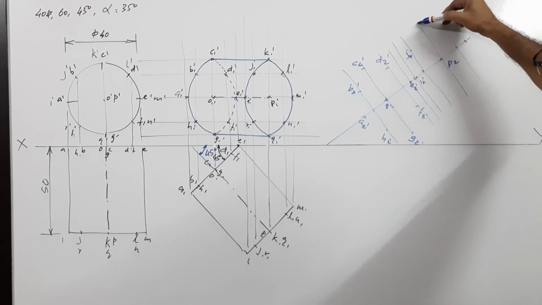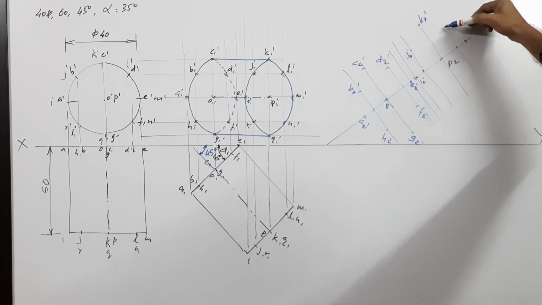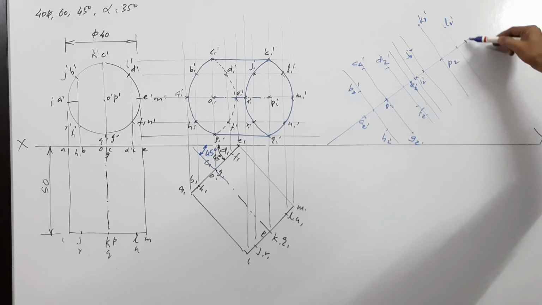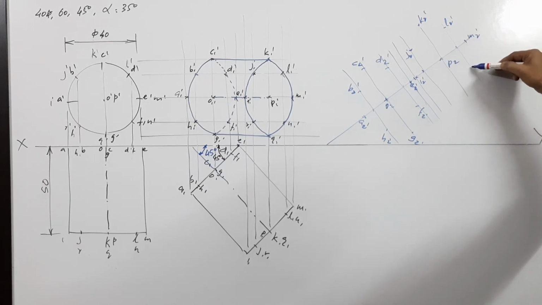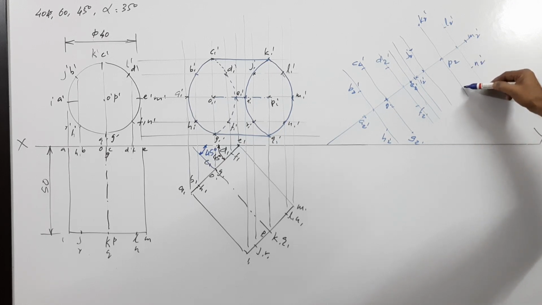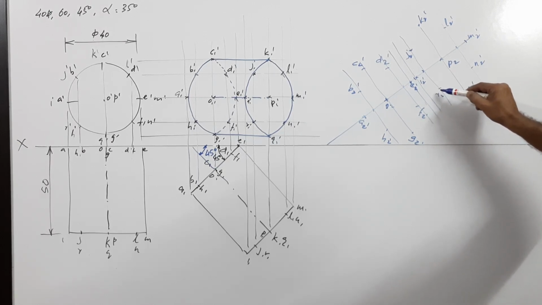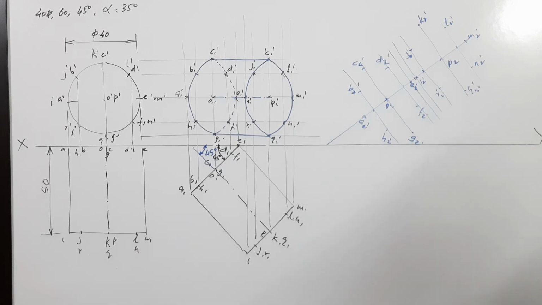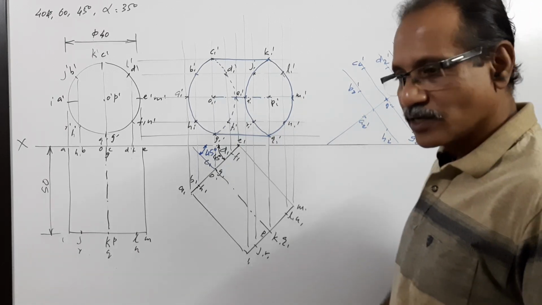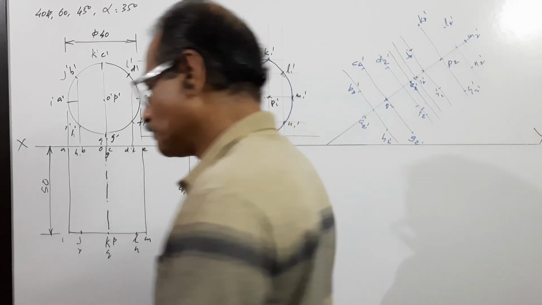J, K, L, M, N, Q, R. You have got all the points. Connect them.